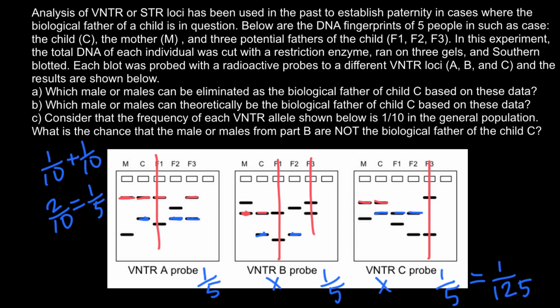Because if we take, say, 12,000 people, 100 people can be father of this child based on just calculations of 3 loci. So in order to tell for sure that someone is a father of the child, we have to analyze all 13 loci from the CODIS system.